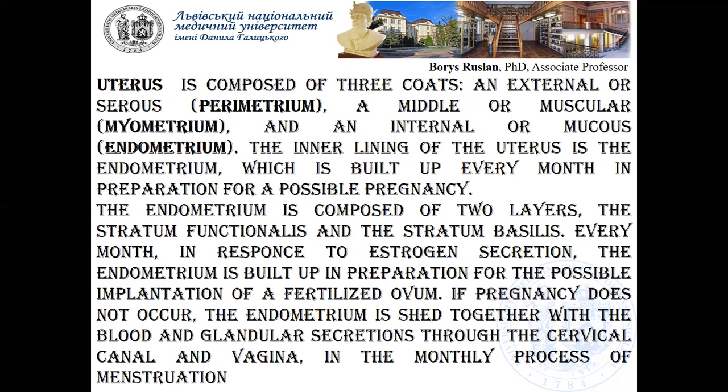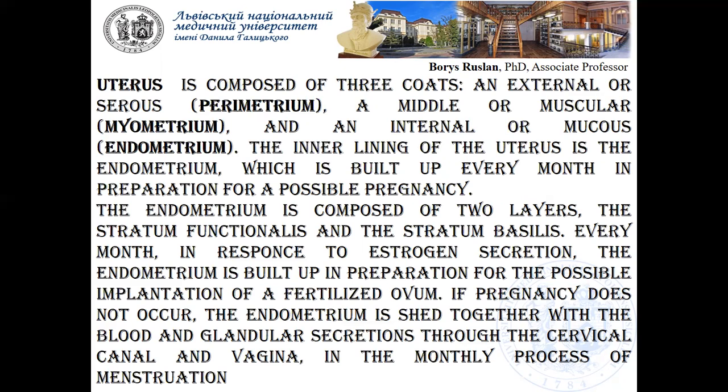The inner layer of the uterus is the endometrium, which is built up every month in preparation for a possible pregnancy. The endometrium is composed of two layers, the stratum functionalis and stratum basalis.